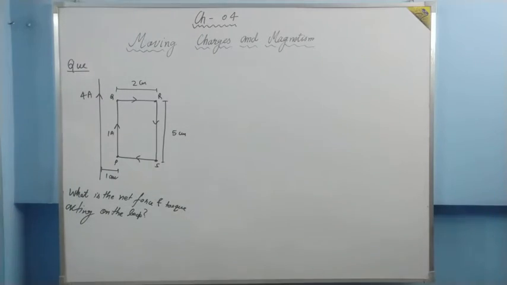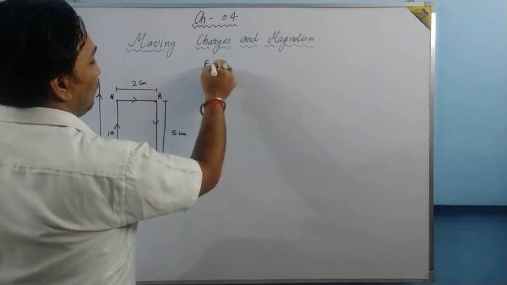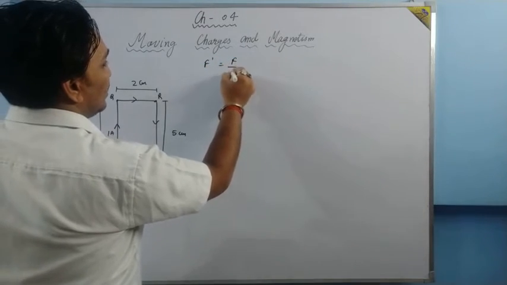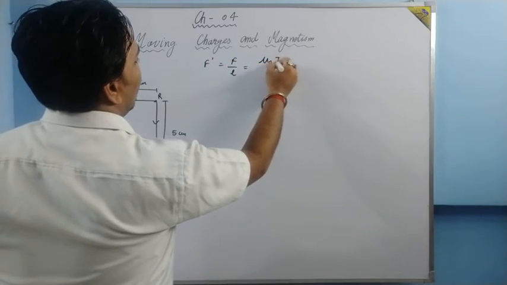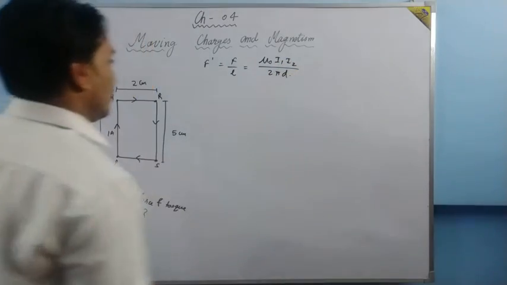In the second last video lecture, we studied that whenever the currents are in the same direction, the wires attract, so there is a mutual attraction. What is the force acting per unit length? The formula, if you remember, is F dash or F upon L equal to mu naught I1 I2 upon 2 pi d. This is the formula.